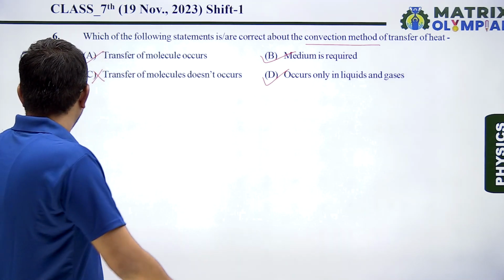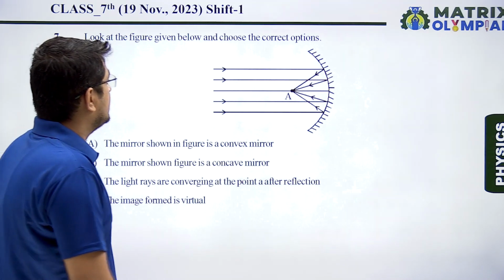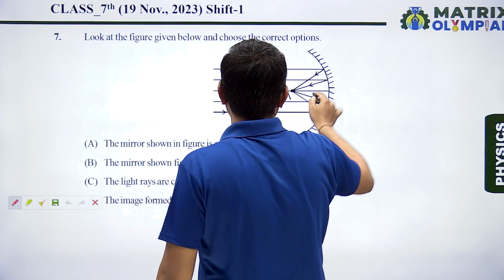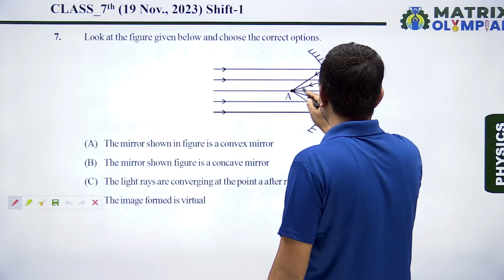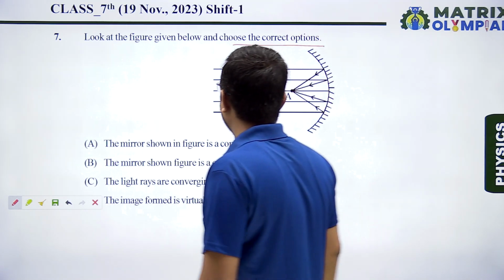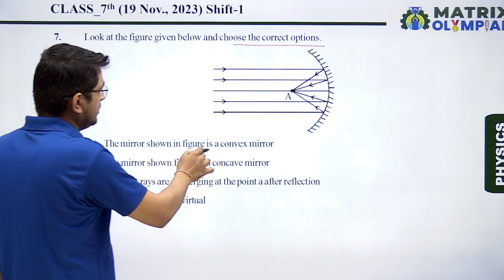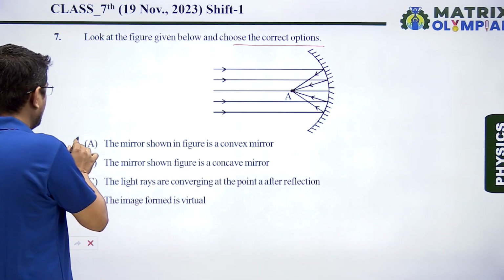Okay. Next question, question number 7. In question number 7, there is an image of concave mirror on which parallel rays are falling, which are converging at point A. We have to choose the correct statement or correct options. So let us start. The mirror shown in the figure is a convex mirror. This is false.